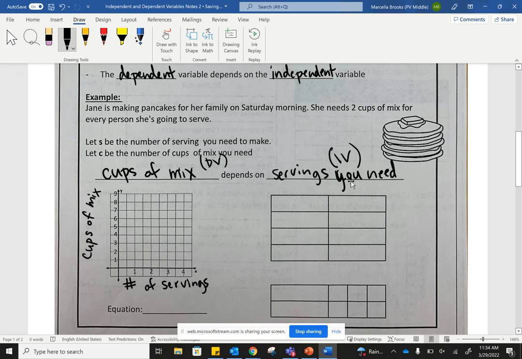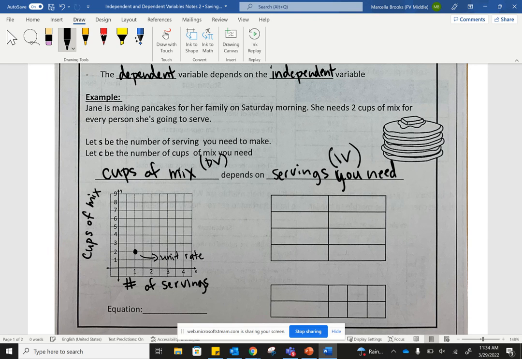So we're going to graph the point. We do have a point. We have 2 cups for every person. Okay? So for one serving, we're going to go to the 1, and then we're going to go up 2 because we need 2 cups. That is known as our unit rate.